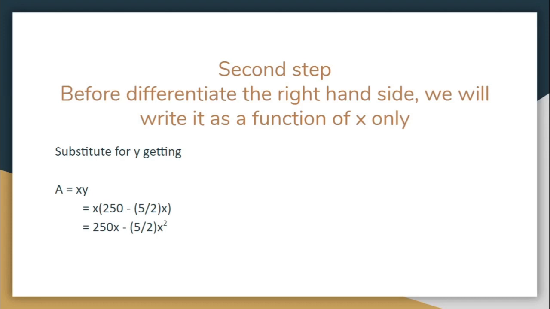Substitute for y, getting A equal to xy, then we get x times (250 minus 5/2 x), which gives 250x minus 5/2 x squared.